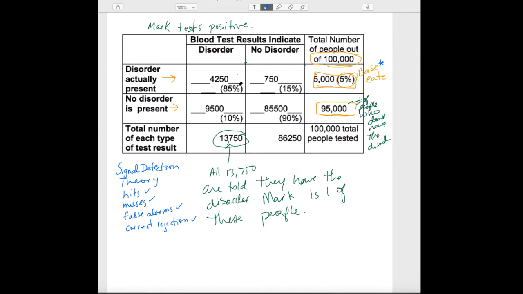And so one of the things we're going to see here is that when the information is provided in percentages, it can be really misleading. So if you're told that this particular blood test is 85% accurate at detecting the cancer in individuals who have it, then when you test positive, you will probably jump to the conclusion that you are 85% certain to have cancer.